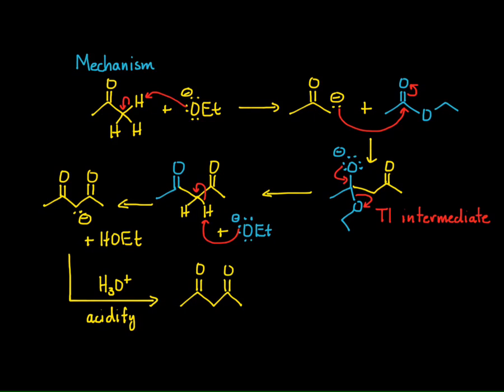This is why I have to add that second step of acidifying. So once the reaction has taken place, I acidify the reaction conditions so that I can protonate that resonance stabilized carbanion to get my beta diketone.